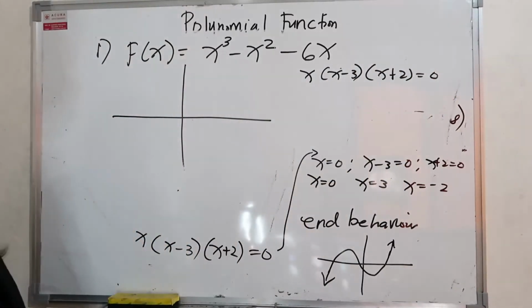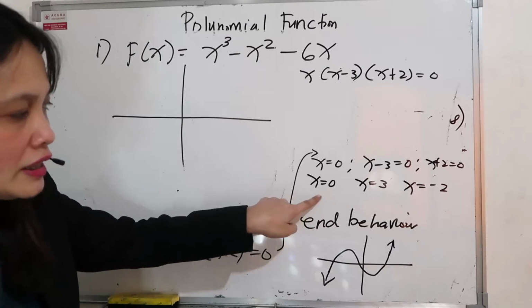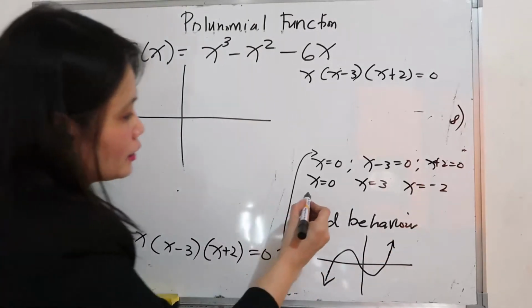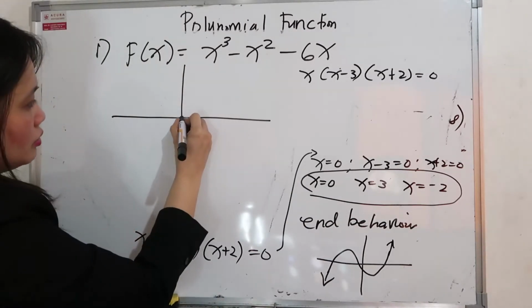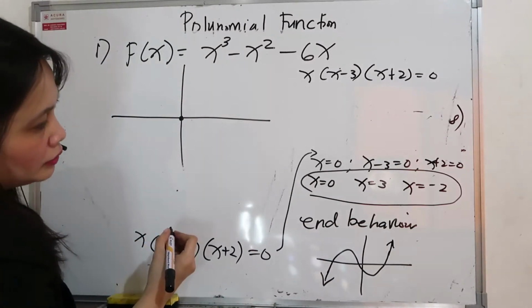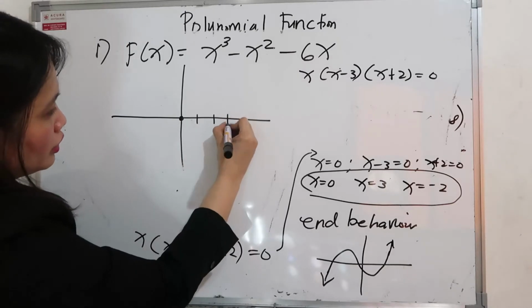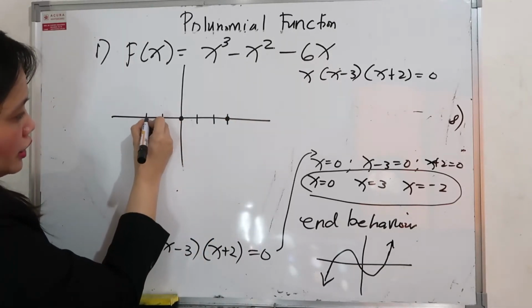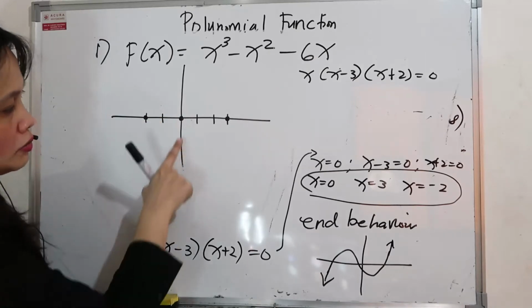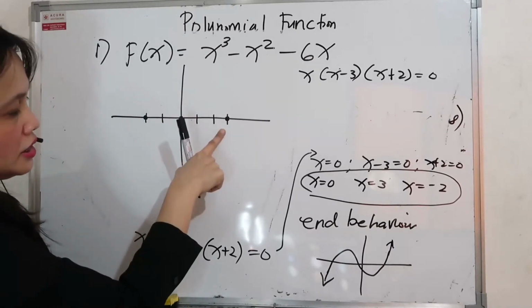First we need to plot the values of x. So we plot 0, then 1, 2, 3, and then 1, 2, negative 2. So you have 0, 3, and negative 2.